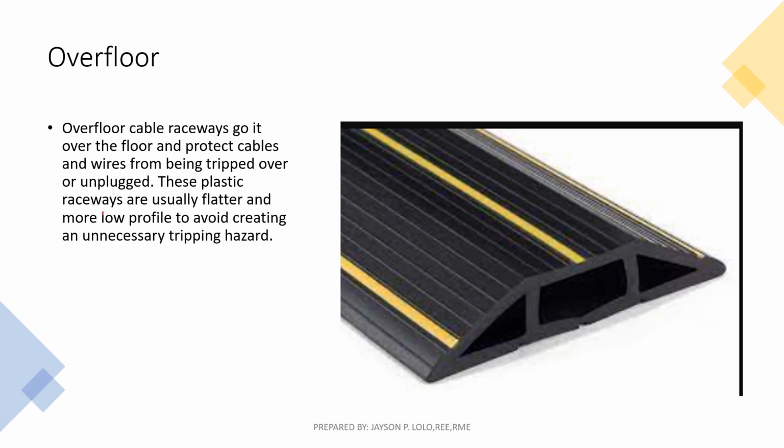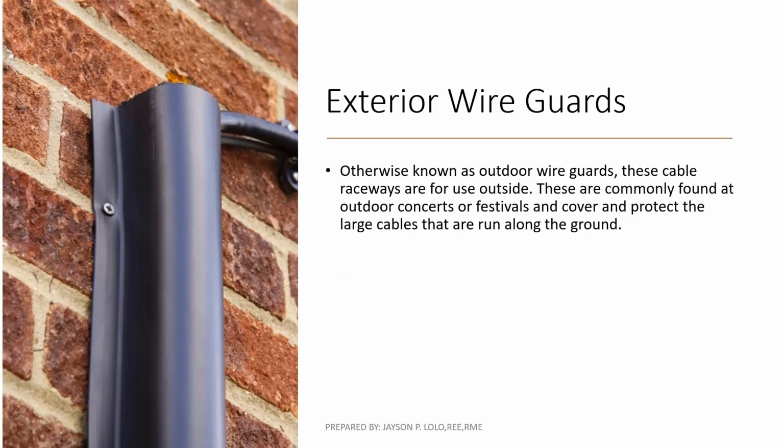These plastic raceways are usually flatter and more low profile to avoid creating an unnecessary tripping hazard. You've likely seen one of these if you've ever been to a conference hall or a concert where wiring is run across flooring that gets a lot of foot traffic.